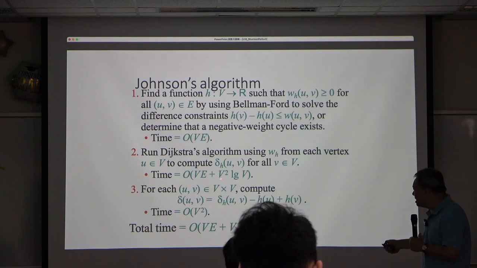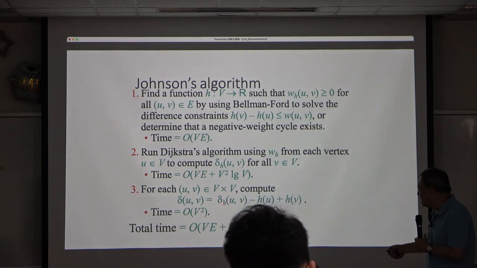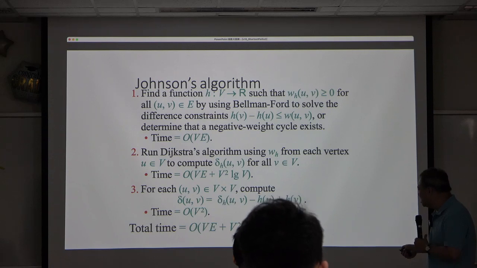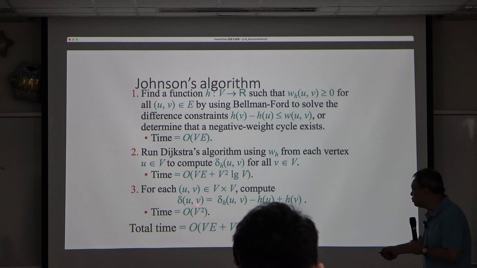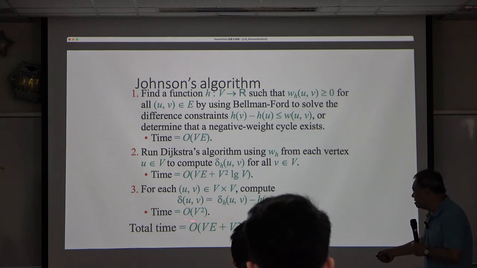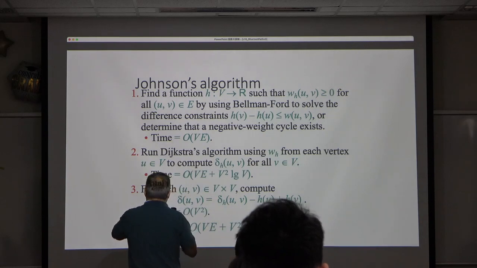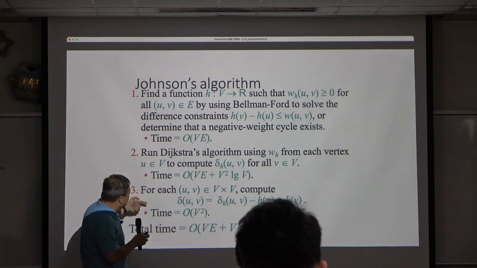And once you get delta HUV, the delta UV will be delta HUV minus HU plus HV. Because we have V squared pairs, we need to do this computation for every pair. So it's big O V squared. So how much time exactly are we talking about? It's going to be this one plus this one plus this one.